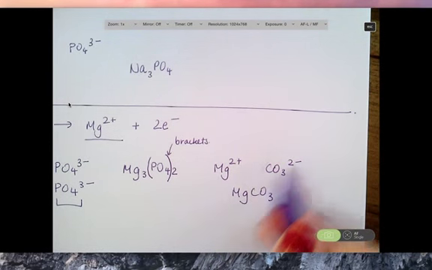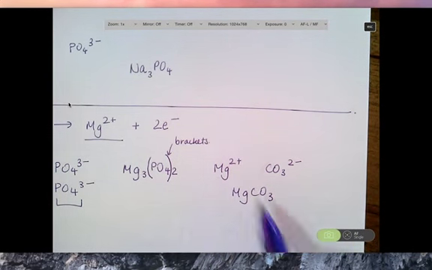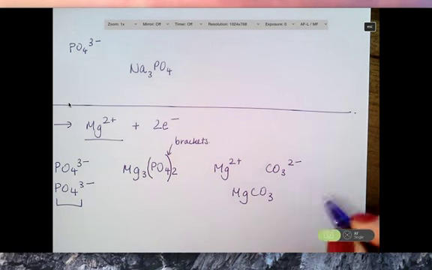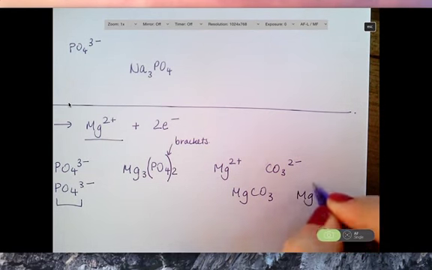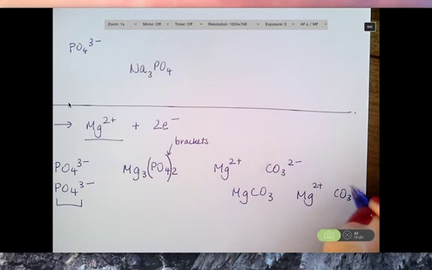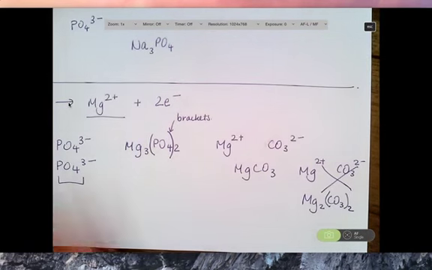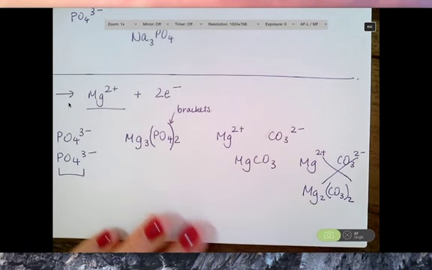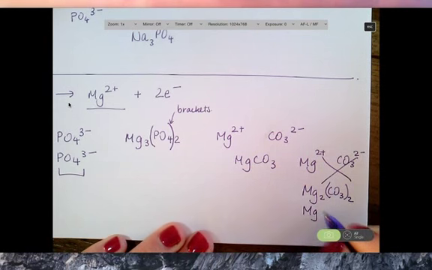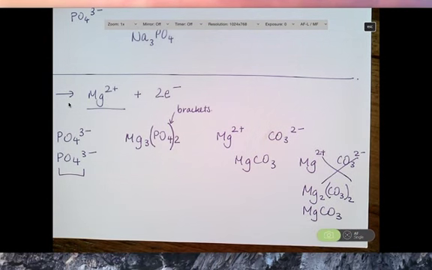If you were to use the crossover method, it would cross over to magnesium 2 and carbonate 2, and we always simplify that, as we do with ratios, to the smallest ratio.